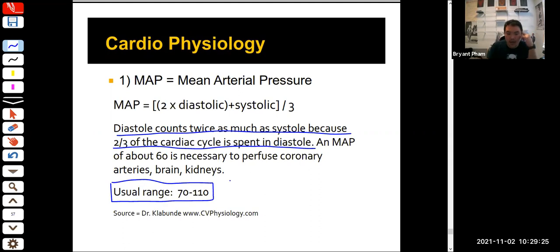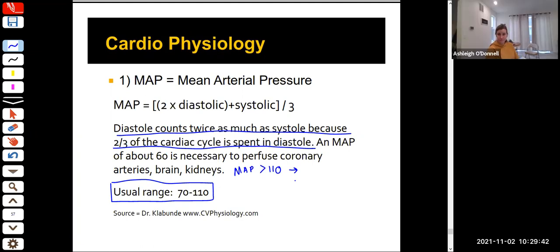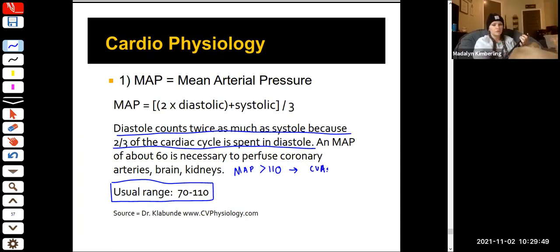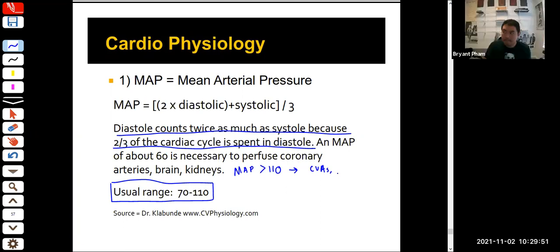I.e., if your MAP is greater than 110. So let's think about this. If your blood pressure is stupid high, what are you worried about? CVA, strokes, absolutely. What else? Tissue perfusion? That's the opposite side.